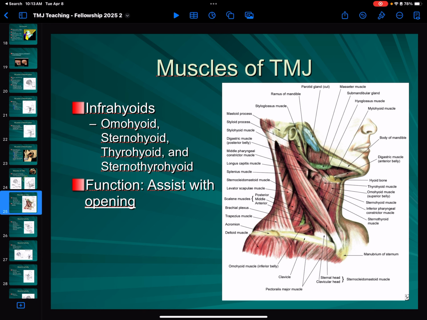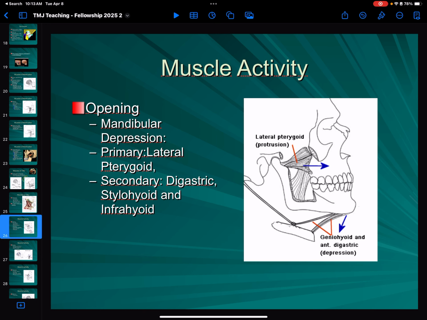So then, just getting into the muscular activity. Once again, what is doing opening? Well, its primary is these. The lateral pterygoid. This is the interesting one. This goes back to your comment, Aaron. Remember that the superior belly of the lateral pterygoid attaches onto the disc.